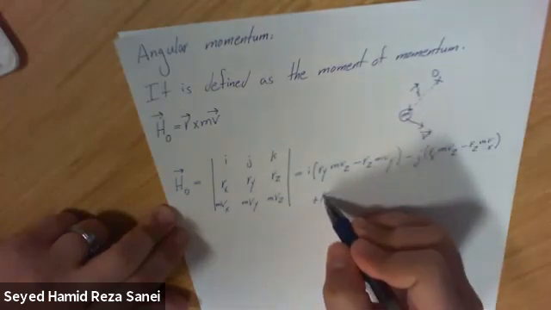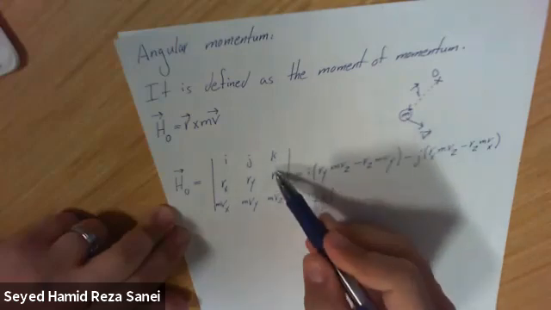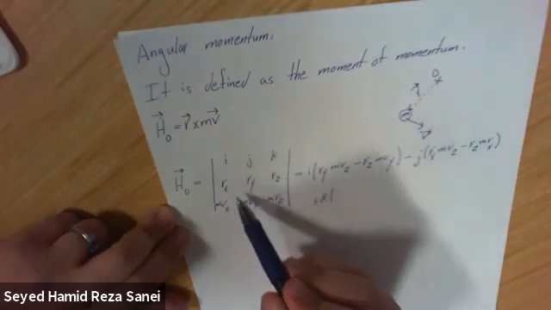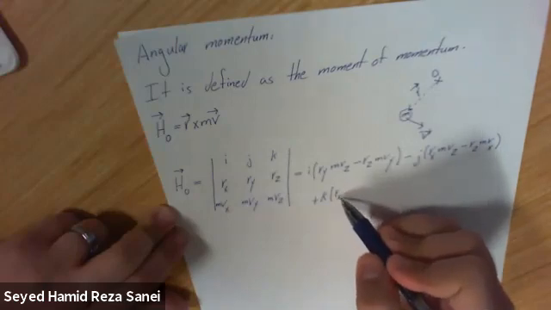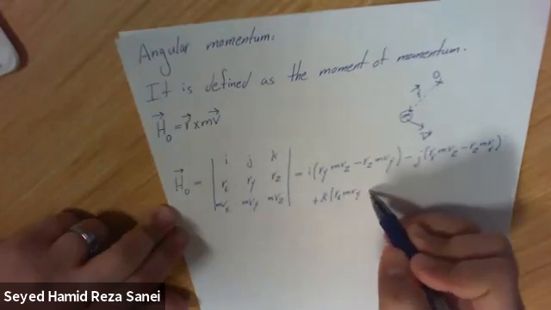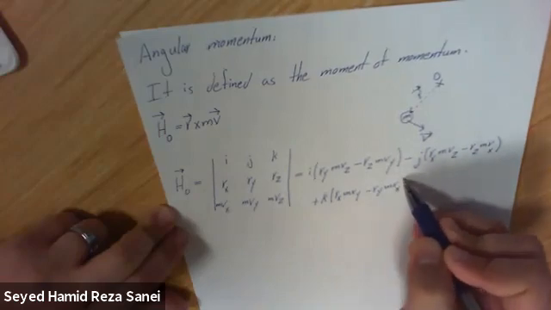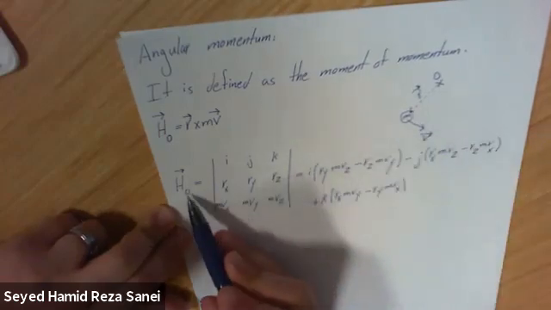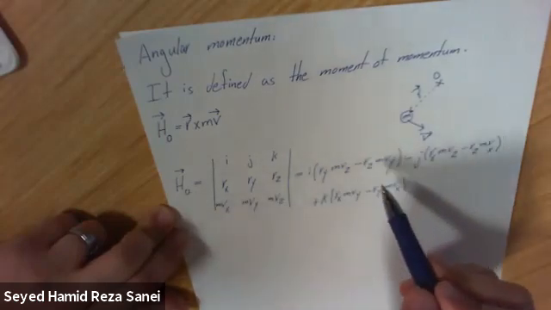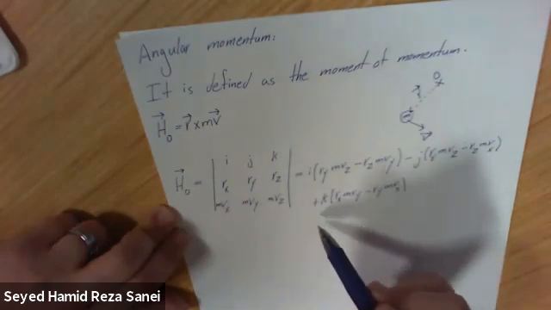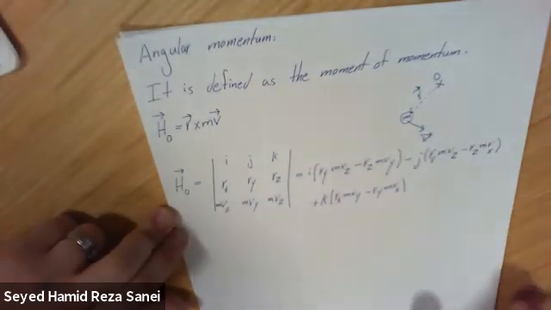Plus k, the last component, we remove the third column and the first row: Rx m vy minus Ry m vx. As our angular momentum is a vector, it has three components, i, j, and k in three-dimensional problems.